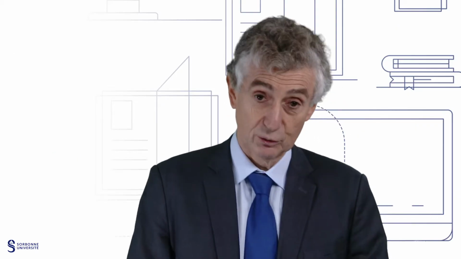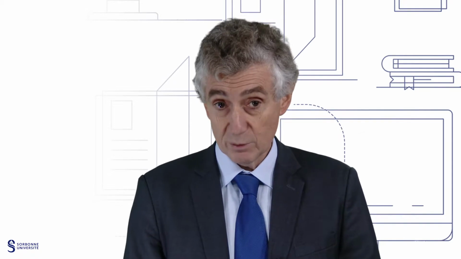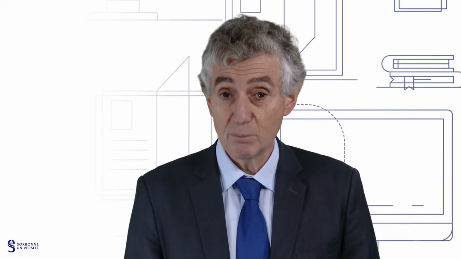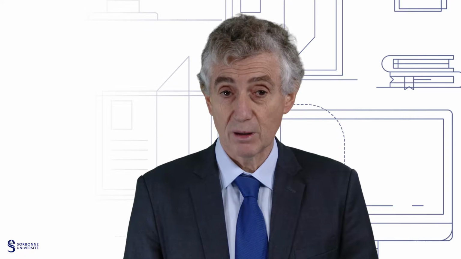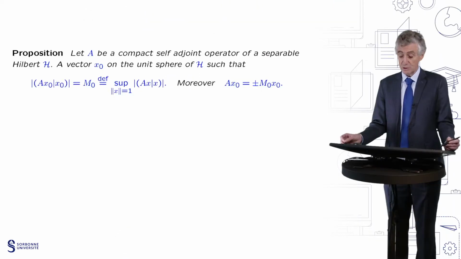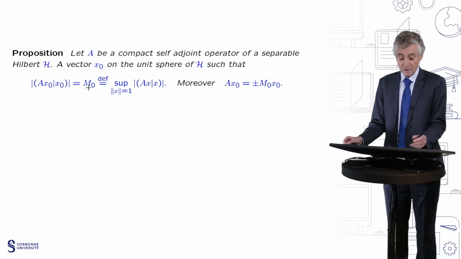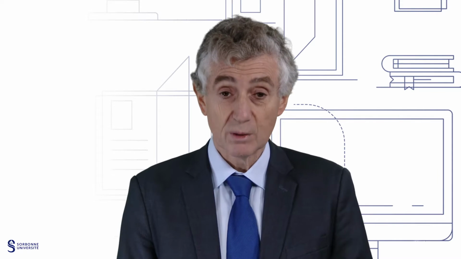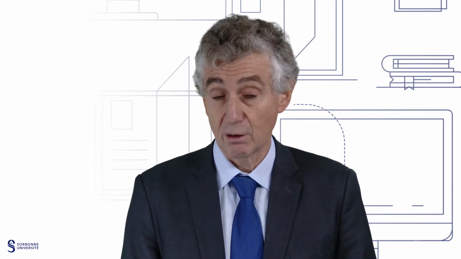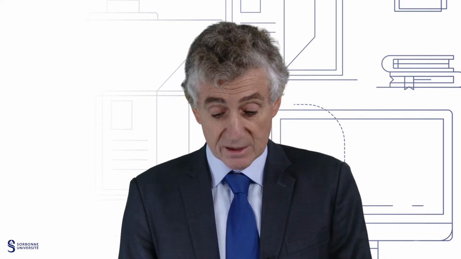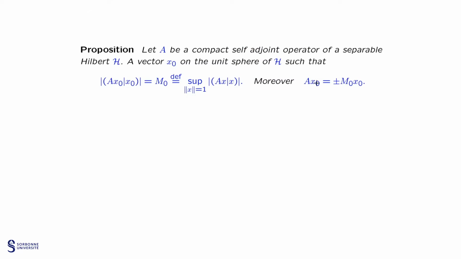Now, what we are going to prove is something very important: when we have a compact self-adjoint operator on a separable Hilbert space, then there is a unit vector on the sphere of H such that this supremum M0 is in fact a maximum. In other terms, it's reached. And it's reached in a vector which is an eigenvector of A for the eigenvalue plus or minus M0.